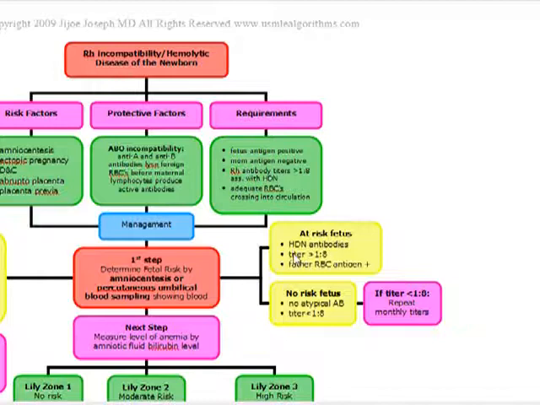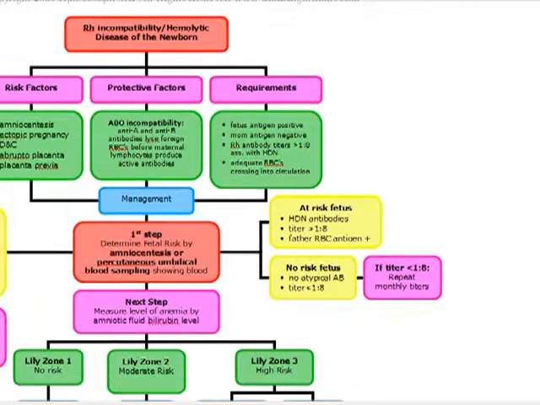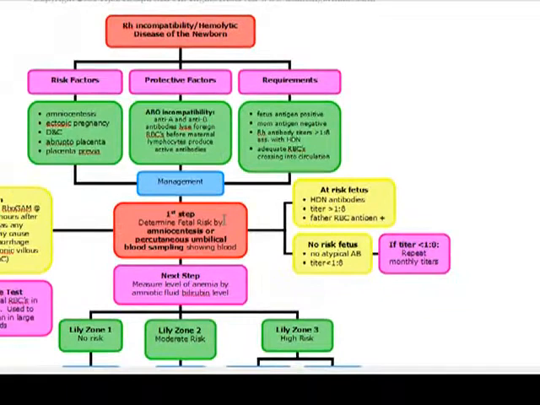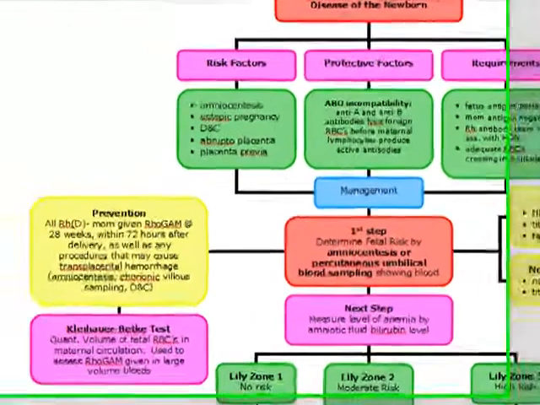Once we've determined whether there's a fetal risk based on these requirements, what we have to do is assess the degree of anemia. The way we do this is by measuring the amniotic fluid bilirubin level.